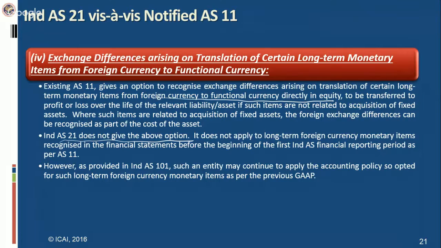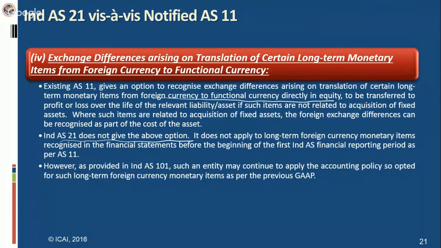It does not apply to long-term foreign currency monetary items recognized in financial statements before the beginning of the first Ind AS financial reporting period as per AS 11. However, as provided in Ind AS 101, and this is also very important, any such entity may continue to apply the accounting policy so opted for such long-term foreign currency monetary items as per previous GAAP.